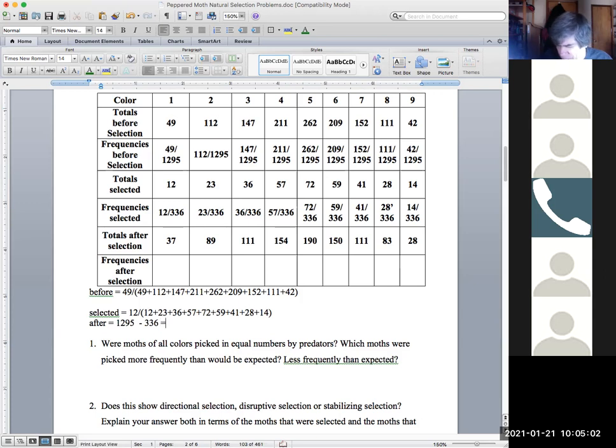Now, notice this is based on the assumption that we've been doing all our math correctly. If some of our math is wrong, we might have a mistake somewhere in here. So this is 959, it looks like.